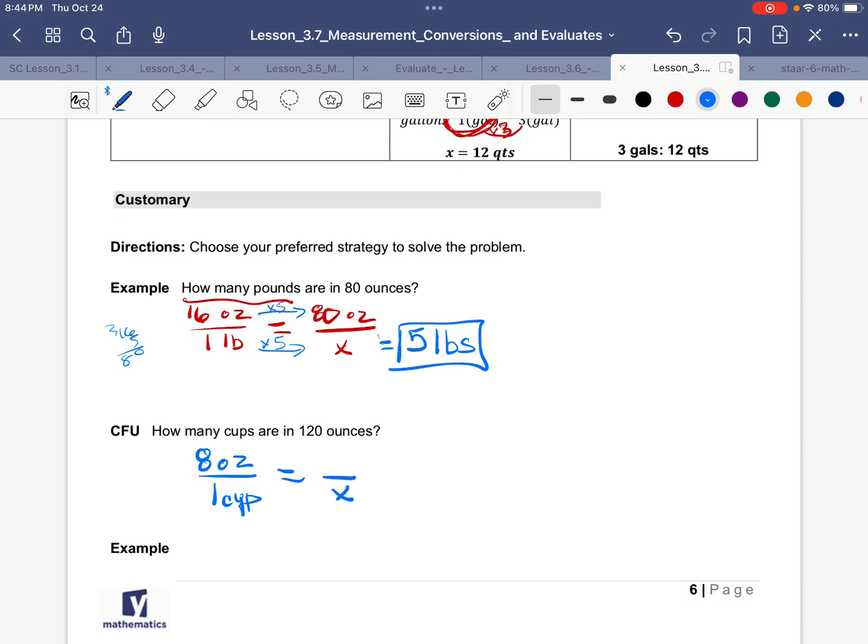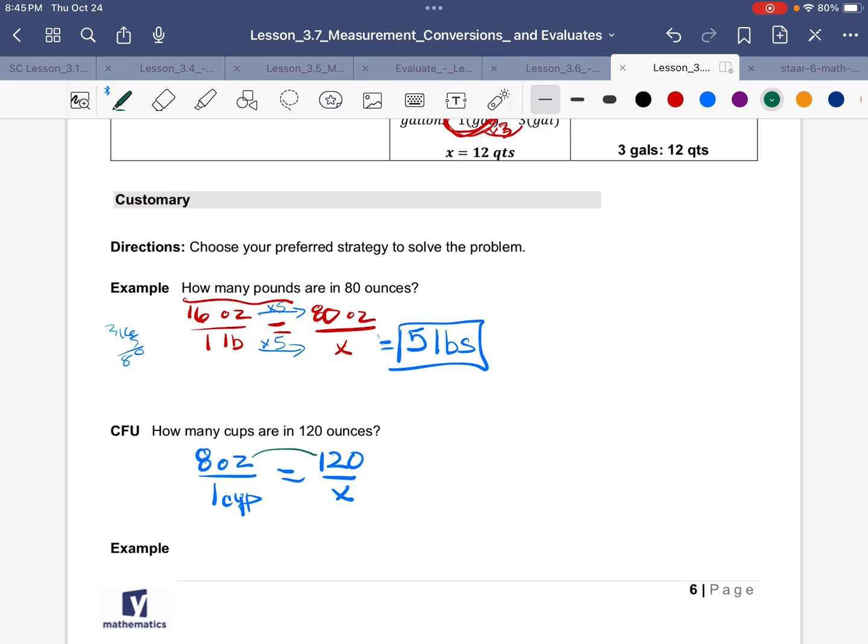in 120 ounces. So the question is, how will we change, how do we get from here to here? The 8 to 120. I know 8 times 10 is 80, so it has to be bigger than 10. And it ends in a 0, so it may be a multiple of 5.